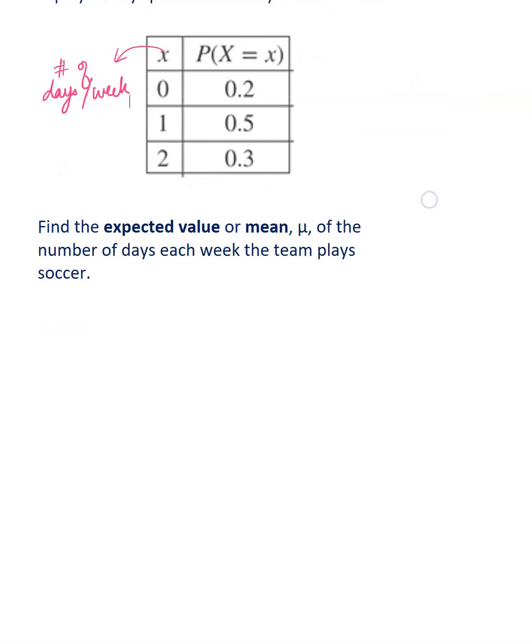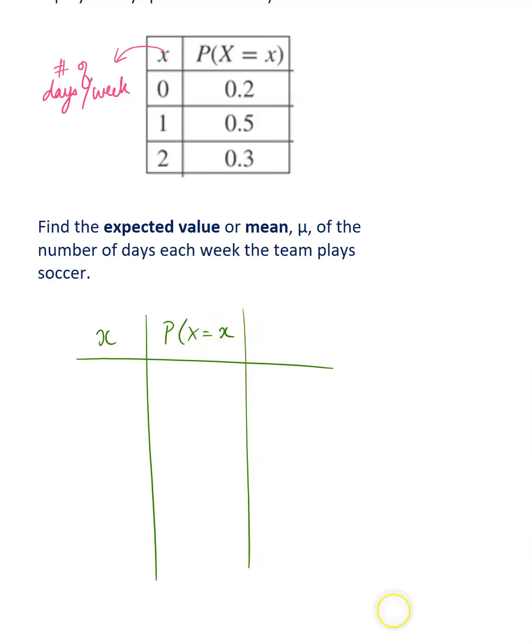So let's draw the table again. It's thankfully a short one, so we can do it one more time. And remember, we wanted another column. That will be x times p of x. So we already have 0, 1, and 2. This will be 0.2, 0.5, and 0.3. So this column would be 0.